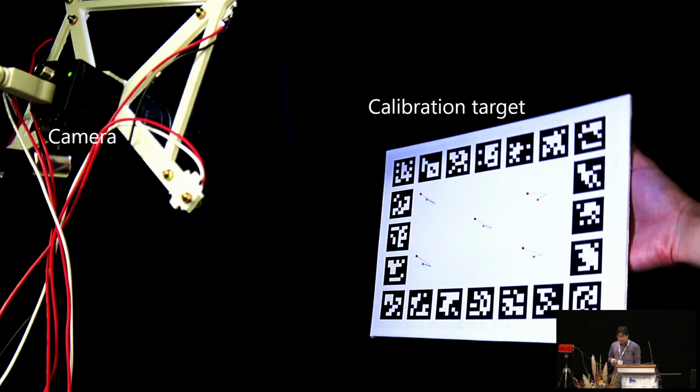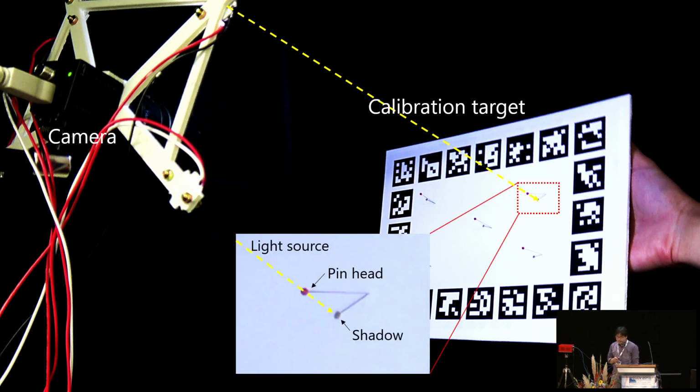As shown in this figure, when we turn on the light source, we can observe the shadow of the pinhead. So if we know the pinhead position, we can easily calculate the light source position from this shadow position. However, it's not necessary for our method to know the pin positions, and we can place the needle pins randomly.